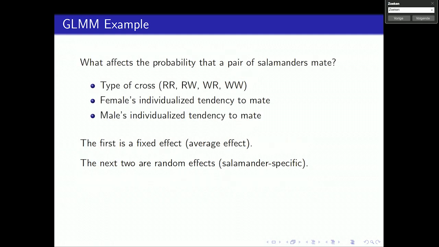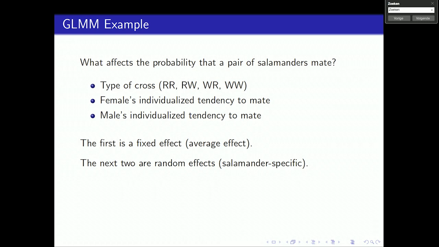Okay, so we're talking about the probability of a pair of salamanders mating. What all affects the probability of these salamanders mating? Well, we have the type of each salamander. Say we have a rough butt female and a rough butt male, then that's one type of cross. And then if we have a rough butt female and a white side male, there's a different type of cross.